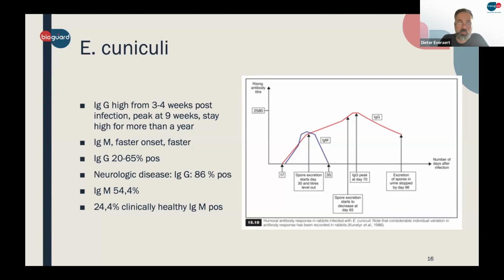You can be quite certain when you have IgM positive, but as you see here, 24% of clinically healthy rabbits are IgM positive. So it's still not 100% sure that if you have IgM positive, it is for sure causing the head tilt. Sorry, but I'm not going to make it easier, because it's a really difficult thing to diagnose and to rule out head tilt.